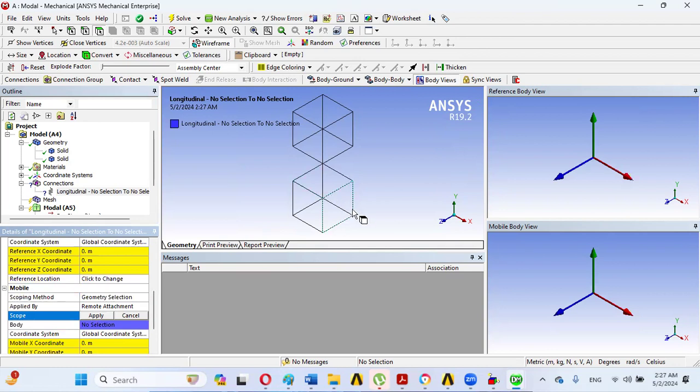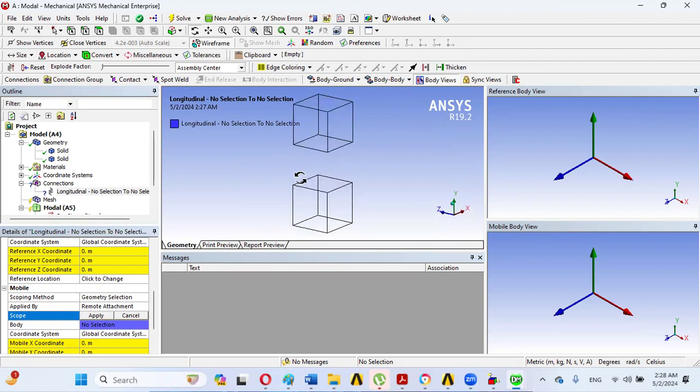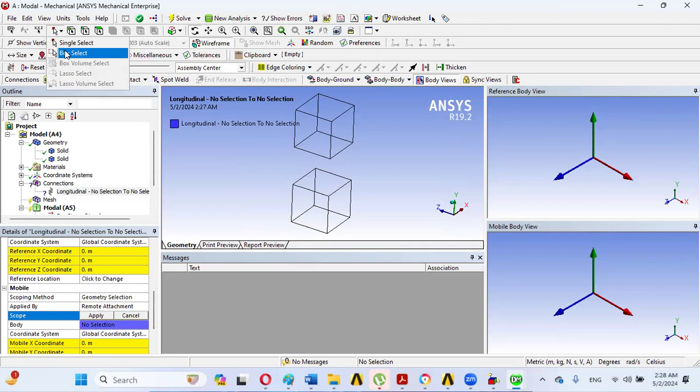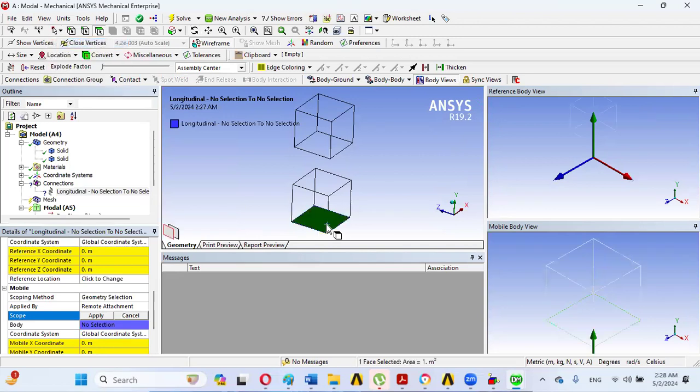clicking on the scope, and then we will be rotating a bit so that this lower face is shown here, and after that we will be clicking on this face.